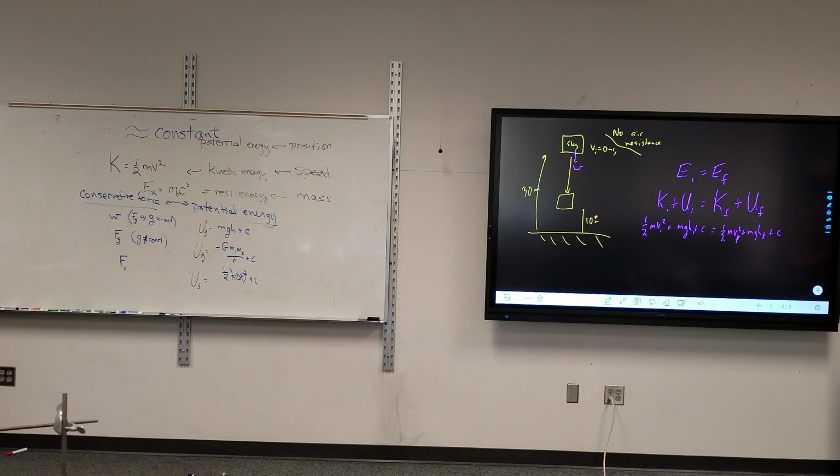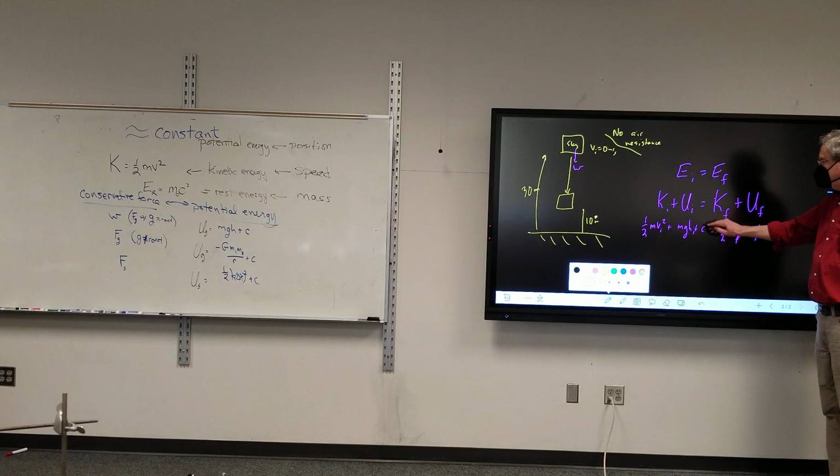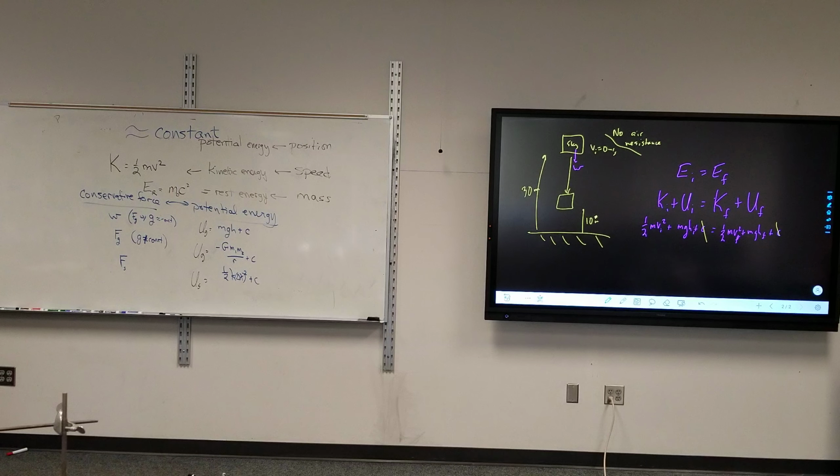Can I get rid of anything? Get rid of the C from both sides, because the same C exists on both. So the constant just cancels. Can I get rid of anything else?